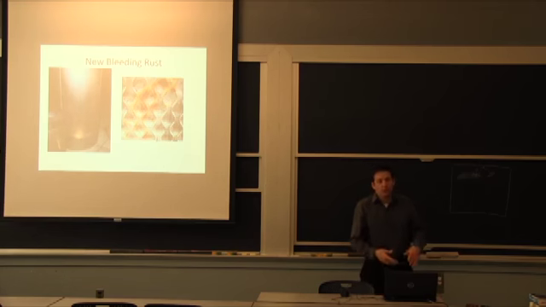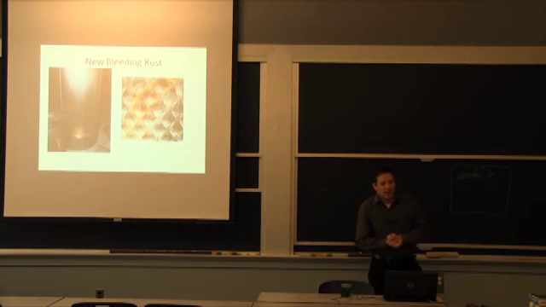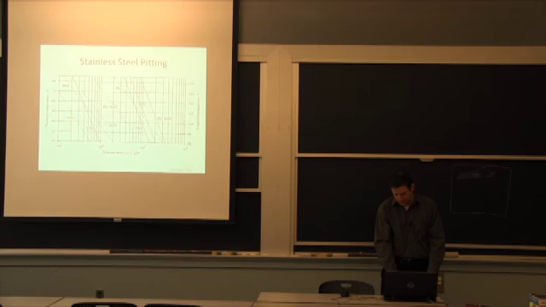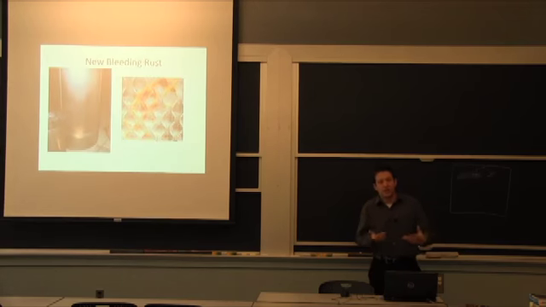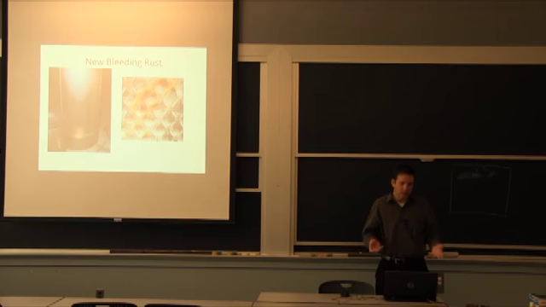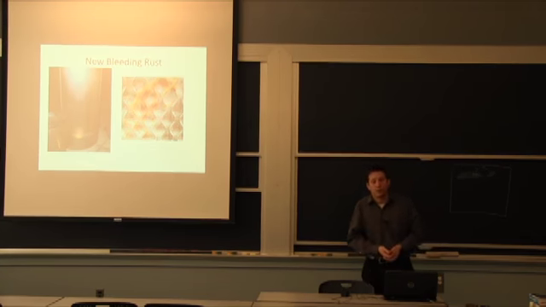This is after cleaning, the rust came back. And I did want to point it out because the rust came back because it restarted the same pits. They went through the whole process of cleaning the stainless steel, trying to repassivate it in the field, but they had these geometrical anomalies.